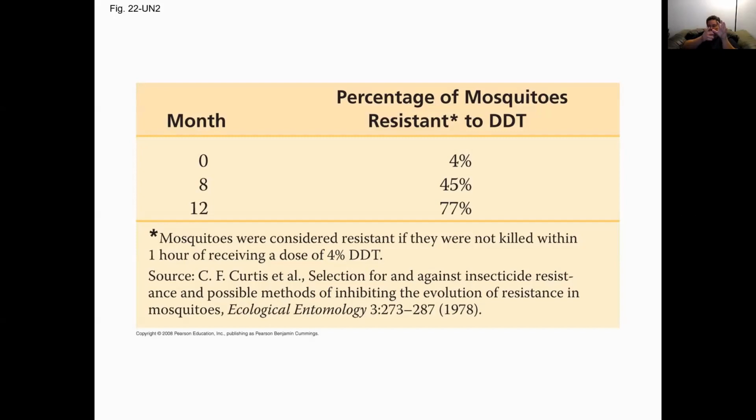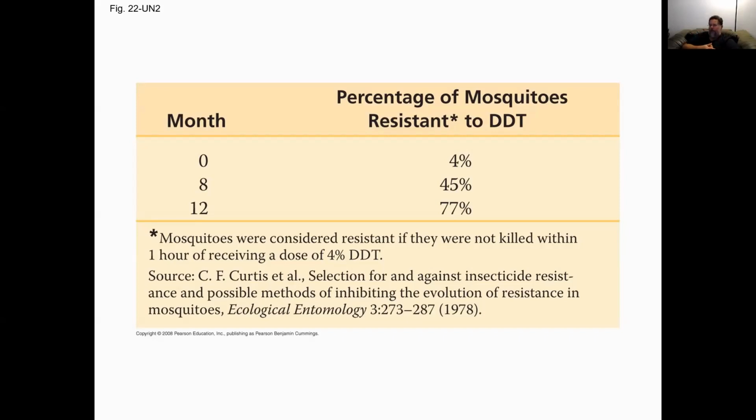But the mosquitoes that had something about their traits, maybe differences in how their proteins were shaped, whatever, made them more resistant to DDT. They had something about their physiology and their immune-like system that made them more resistant to DDT.